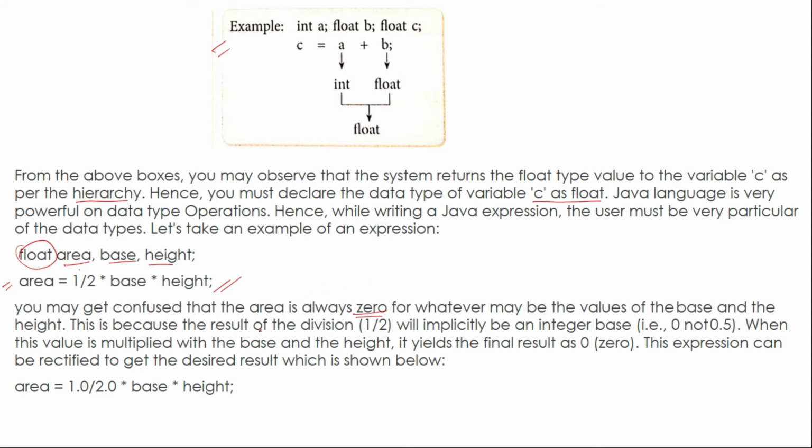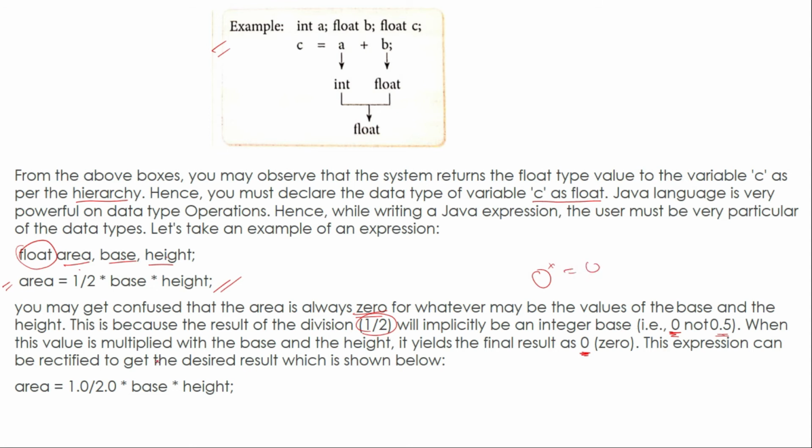This is because the result of division 1 by 2 will implicitly be an integer, that is 0, not 0.5. So when this value is multiplied with the base and height, it yields the final result as 0. As you know, anything multiplied with 0 is 0.